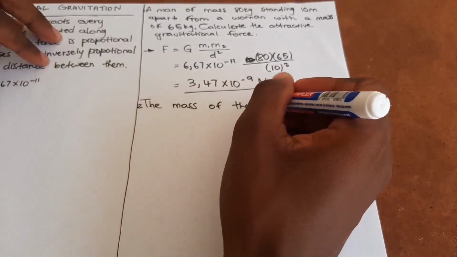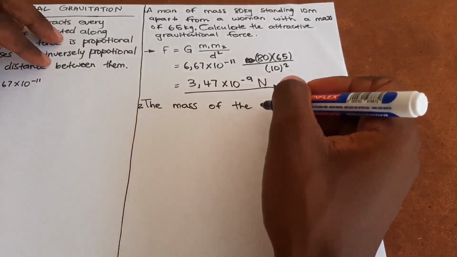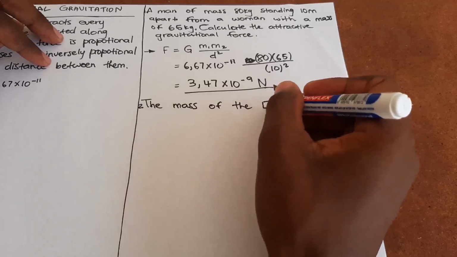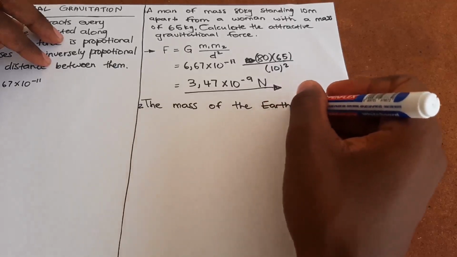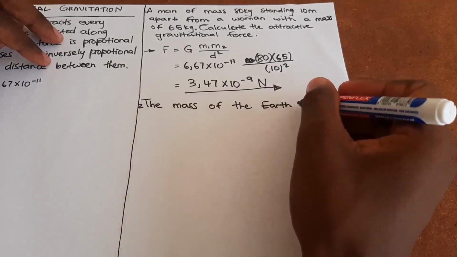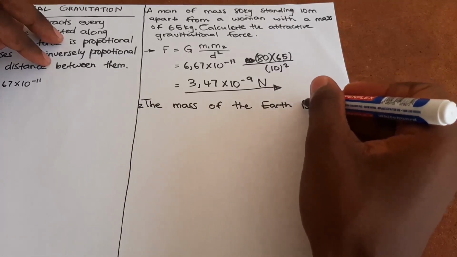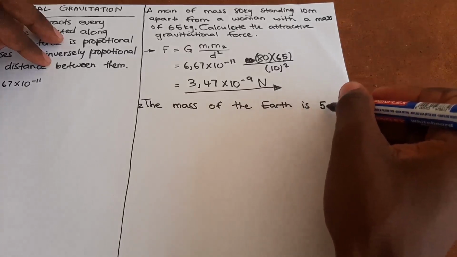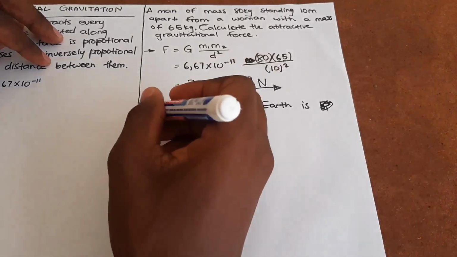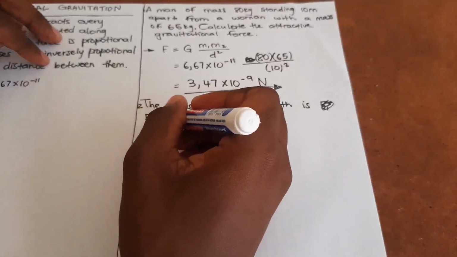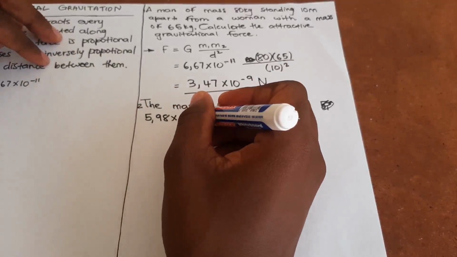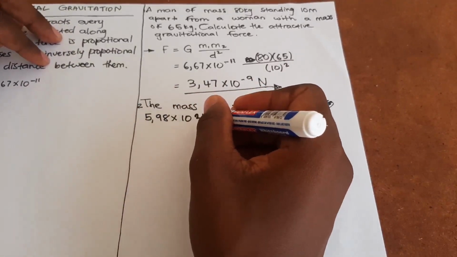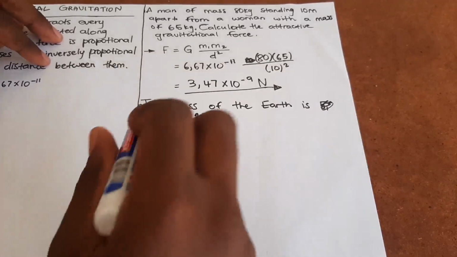The mass of the earth is 5,98 multiplied by 10 to the power of 24 kg. So this is the mass of the earth.